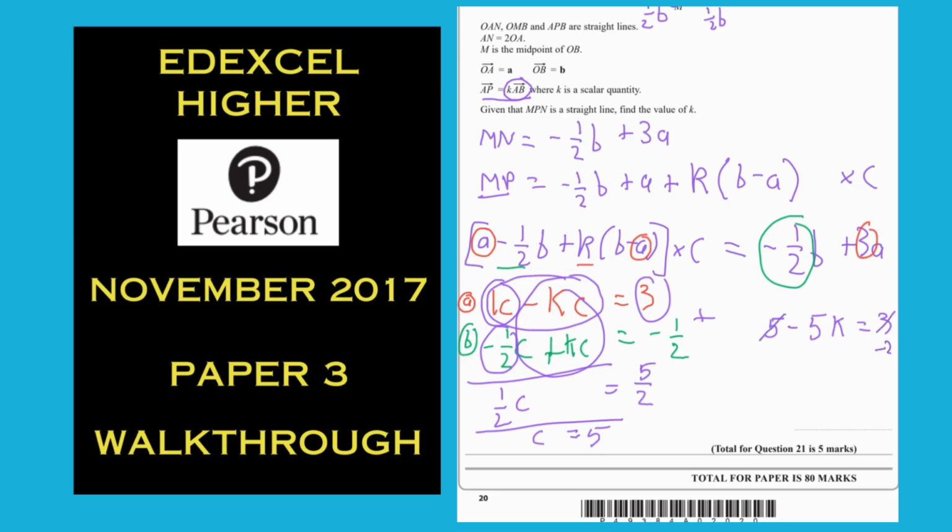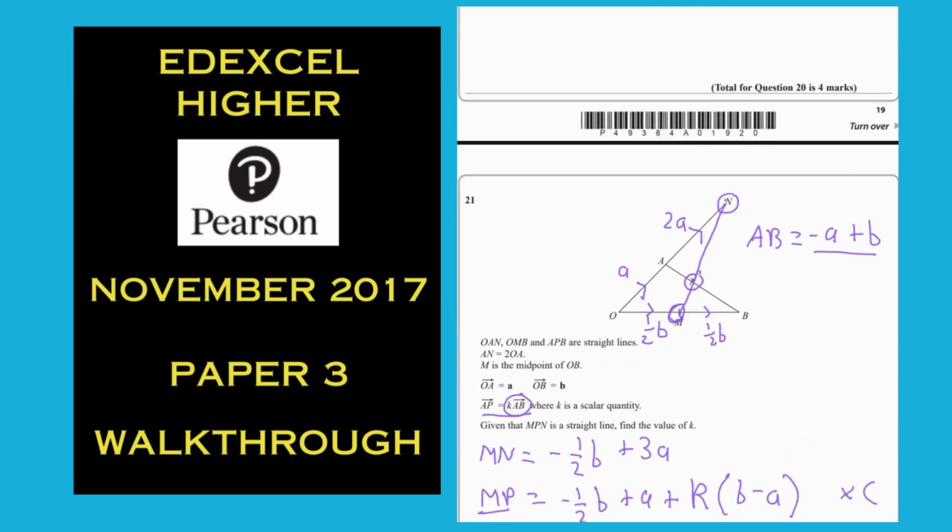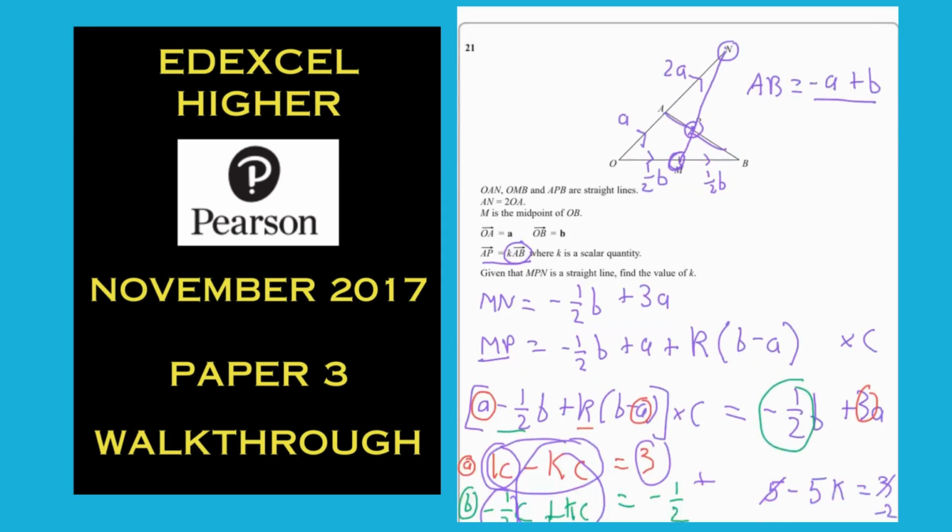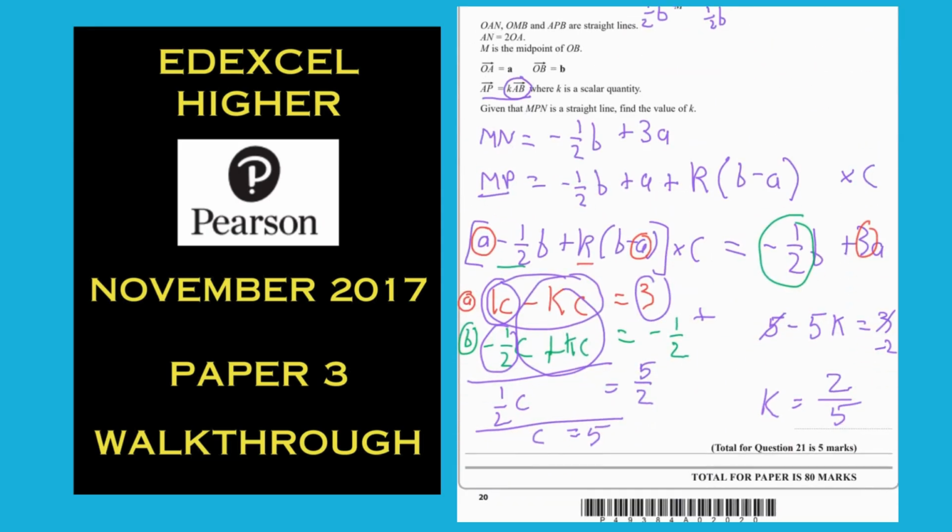We subtract 5 from both sides, and we divide both sides by -5. So -2 divided by -5 is positive 0.4. Or in other words, 2/5. And if you just check the diagram, 2/5 makes a perfectly reasonable answer.